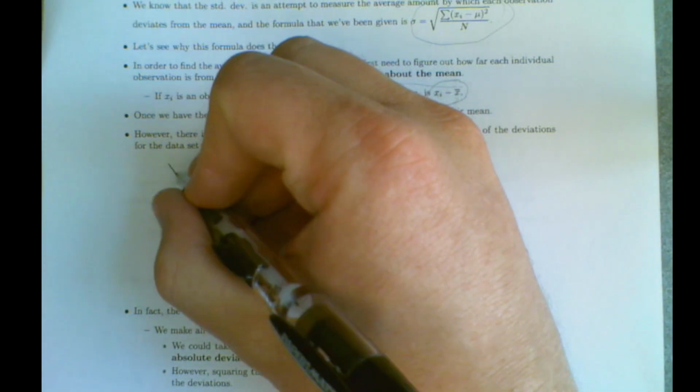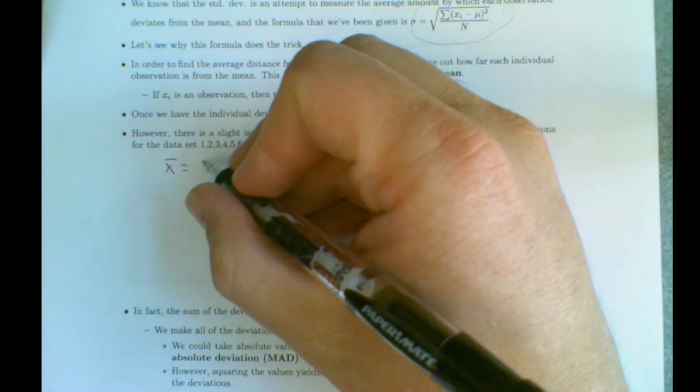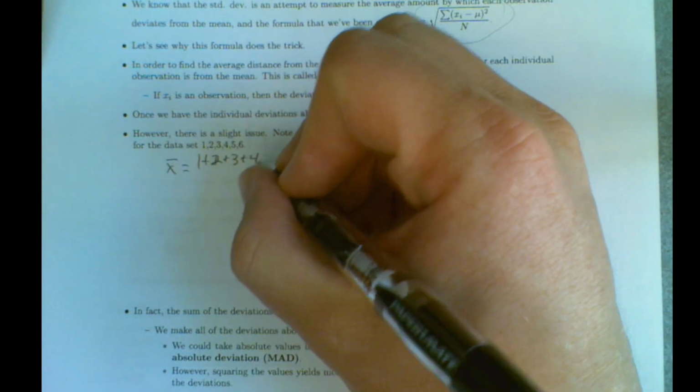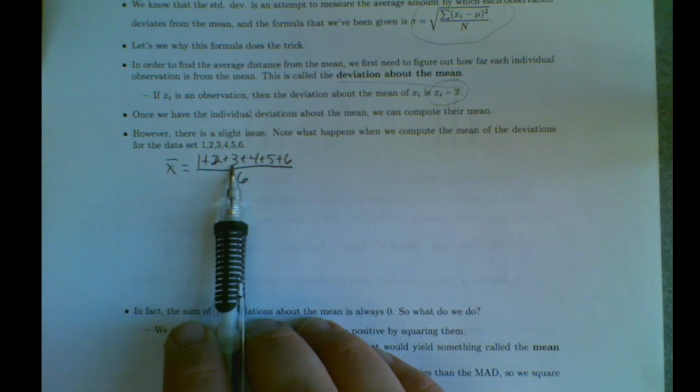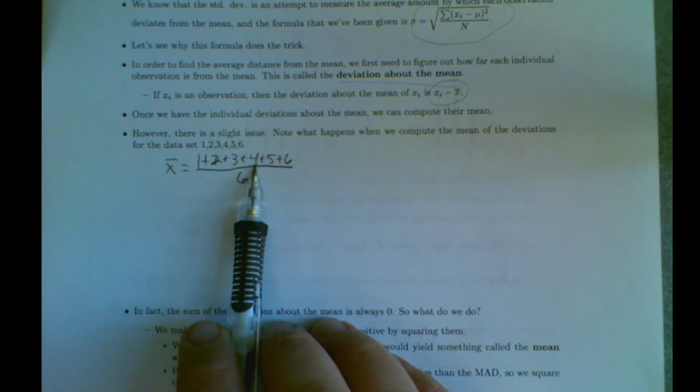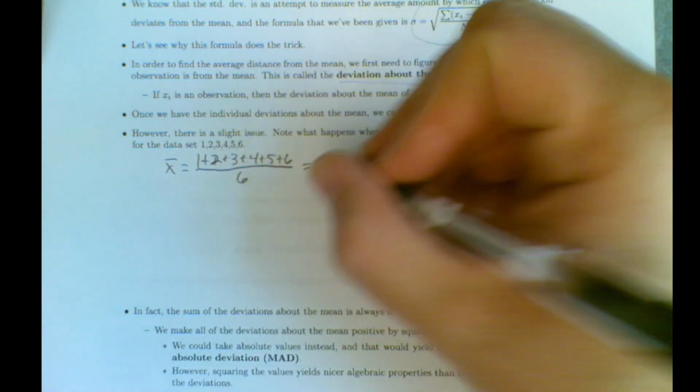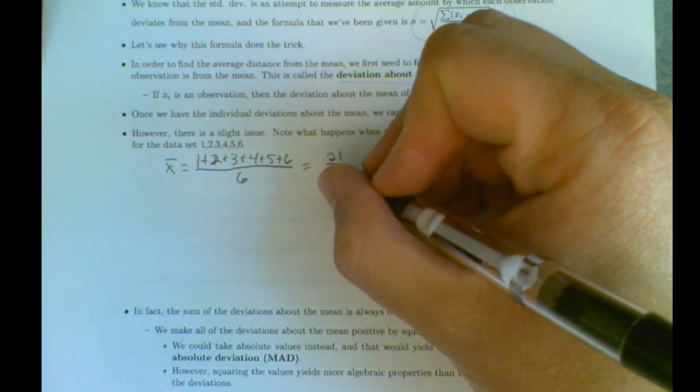So x bar would be 1 plus 2 plus 3 plus 4 plus 5 plus 6, divided by 6. That would be 3, 6, 10, 15, 21. So 21 divided by 6.